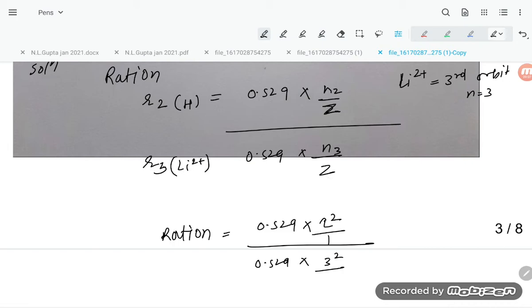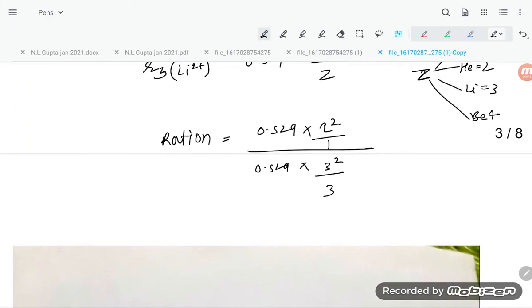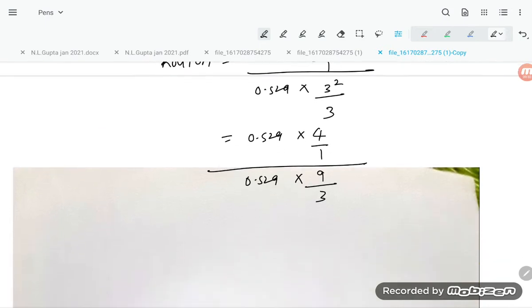Z value, you see, Z means atomic number. For hydrogen it is 1, helium it is 2, lithium it is 3, beryllium it is 4. So that is 3. Solve it out. 0.529 into 4 divided by 1, total divided by 0.529 into 9 divided by 3.